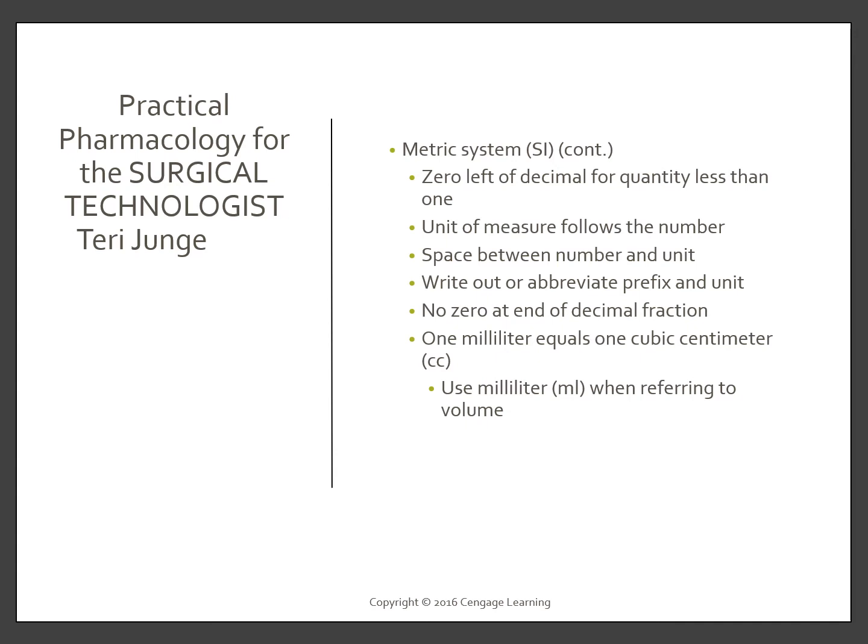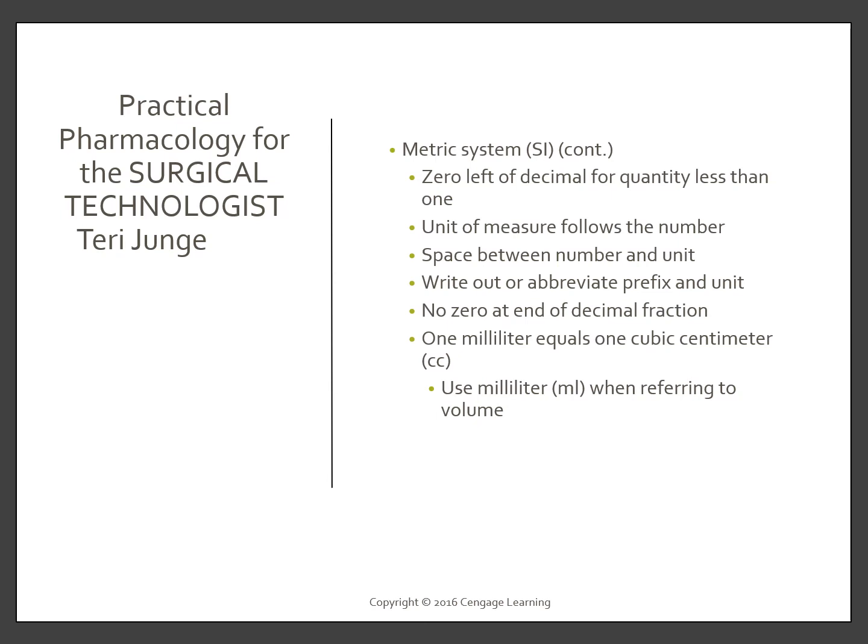And then writing out or abbreviating a prefix or a unit. A lot of times we do abbreviate those, but it could depend on hospital policy as well. And then we don't want to leave a 0 at the end of a decimal. So if we're doing a conversion and we get 0.50, we don't want to leave that 0 at the far right.